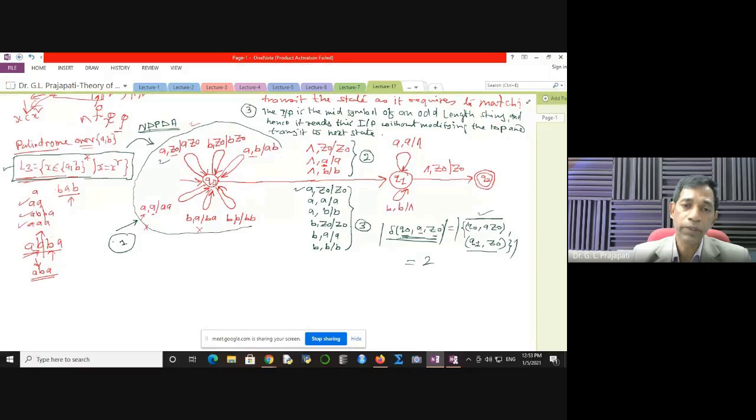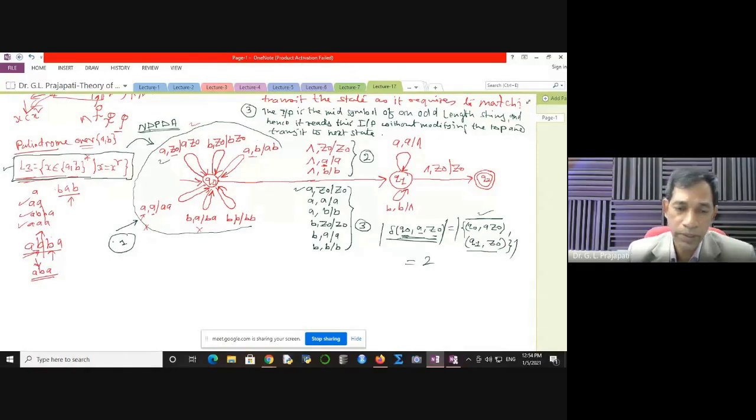So for every deterministic context-free language, you will have some DPDA. And for every DCFL, deterministic context-free language, you have some unambiguous grammar, meaning we have only one leftmost derivation tree if you go for parsing.